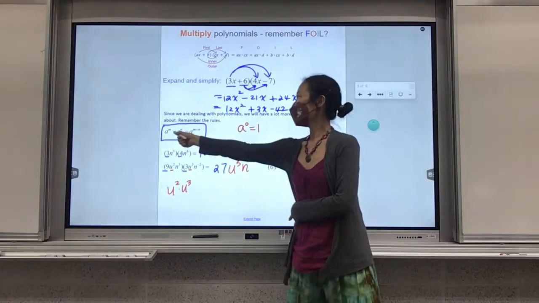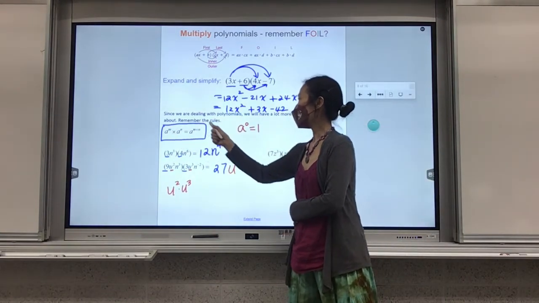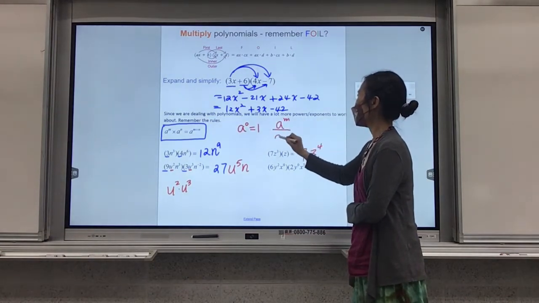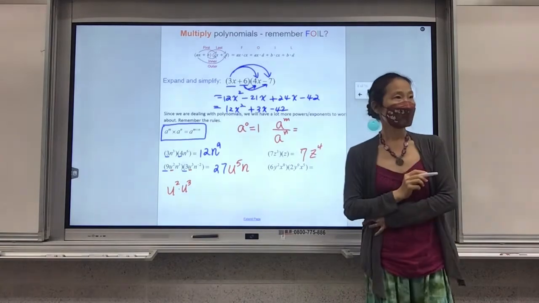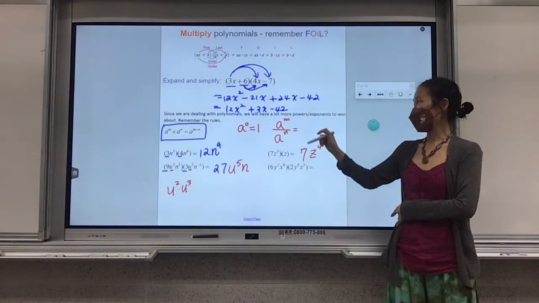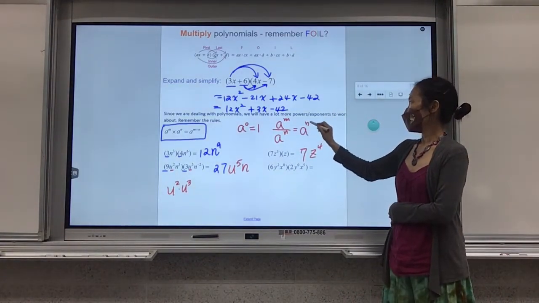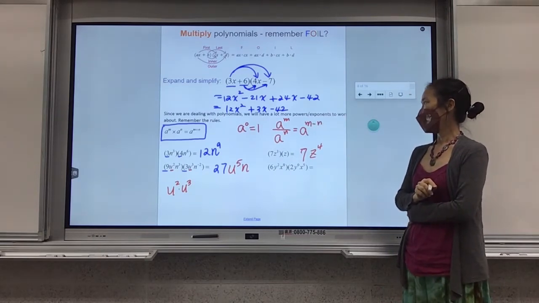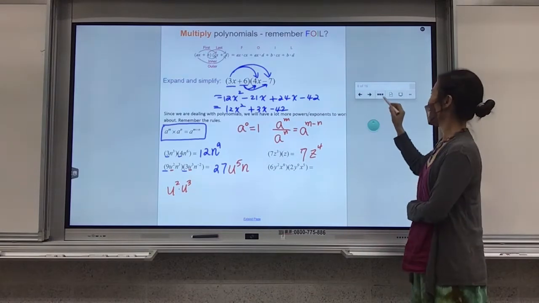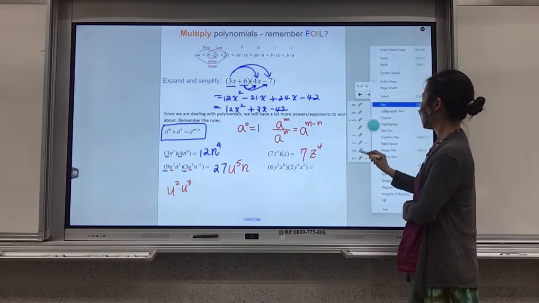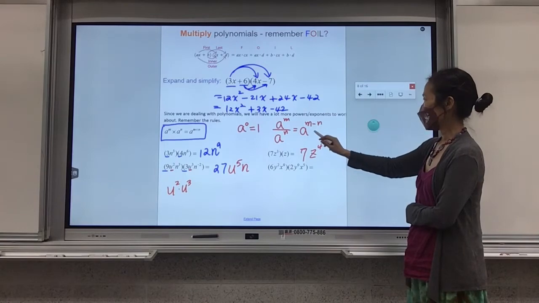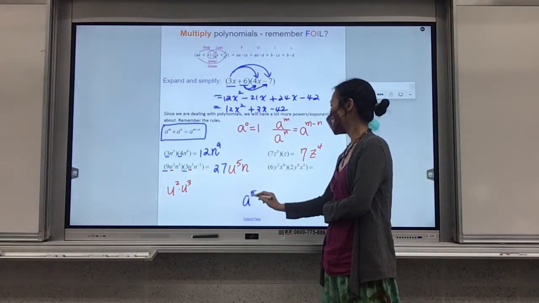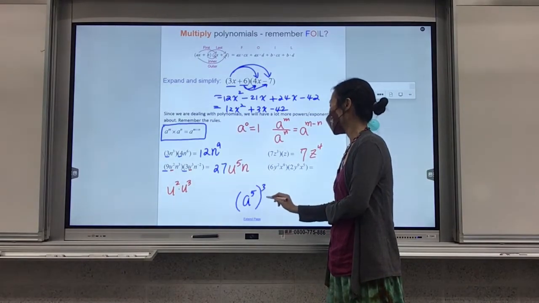Okay, since we're here, when you multiply with the same base, you add. What about when you divide? A to the power m divided by a to the power n. You subtract, m minus n. What if I have a power to a power? So a to the power of 5 to the power of 3.